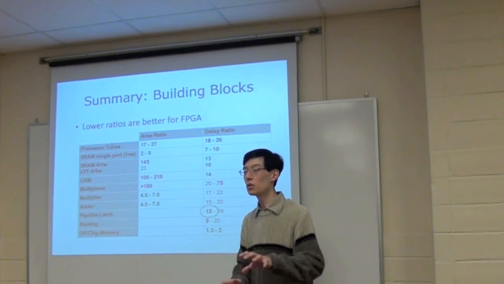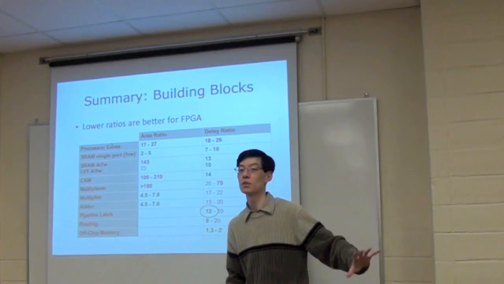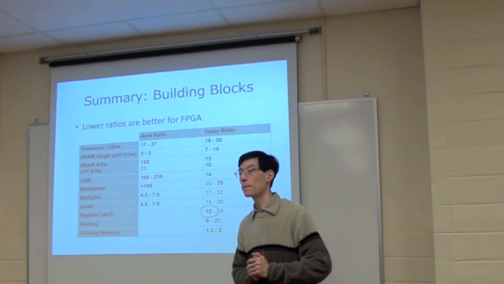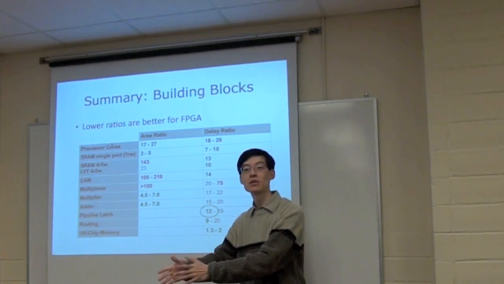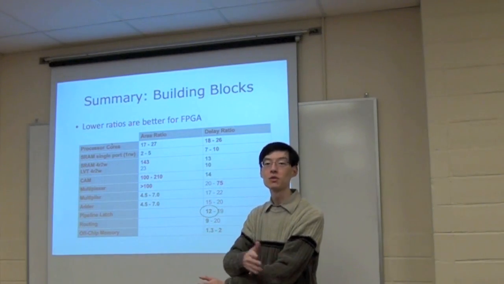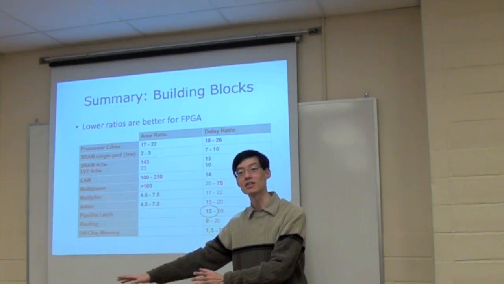Even though they have been putting in hard processors, they haven't managed to take over all of the soft processor market. So as time goes on, we will still see a threshold at which soft processors are useful for the slower and smaller tasks, and hard processors are useful for the bigger and faster tasks.